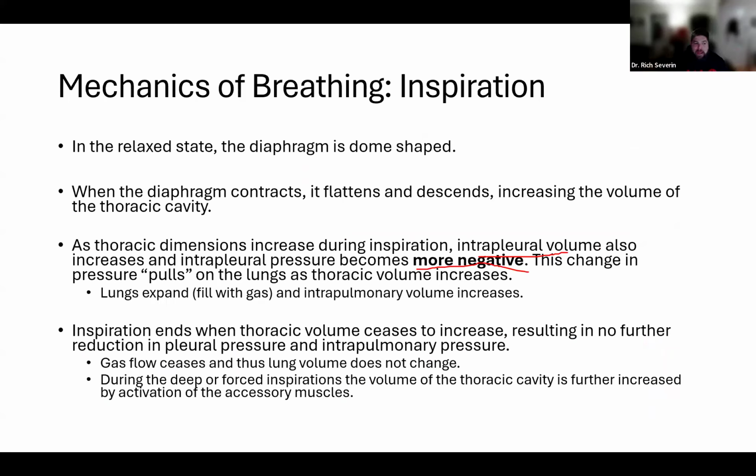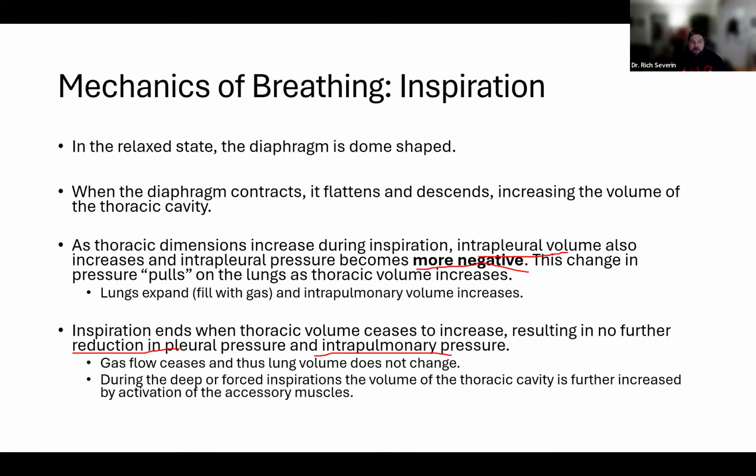Now, inspiration ends when thoracic volume ceases to increase, resulting in no further reduction in pleural pressure and interpulmonary pressure in the lungs. Gas flow ceases, lung volume doesn't change.